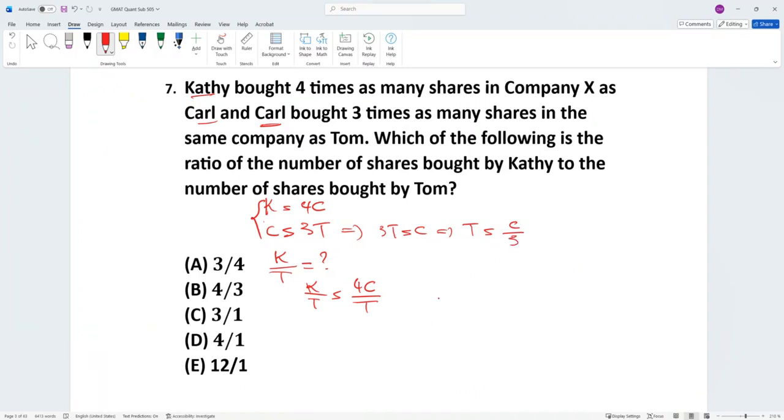Then we have 4C, and T we replace by C over 3, which gives us 4C times 3 over C, which gives us 12C over C, which is equal to 12, because the C cancels, so 12 over 1. So basically, this is our answer.